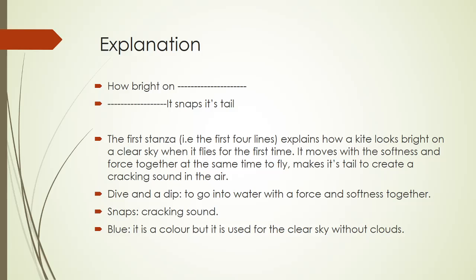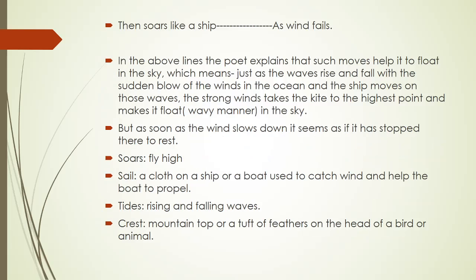Okay, the next stanza is explaining that such moves help it to float in the sky, which means just as the waves rise and fall with the sudden blow of the winds in the ocean, and the ship moves on these waves, the strong wind takes the kite to the highest point and makes it float in the sky.